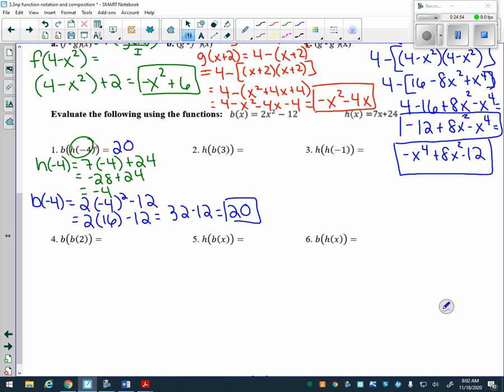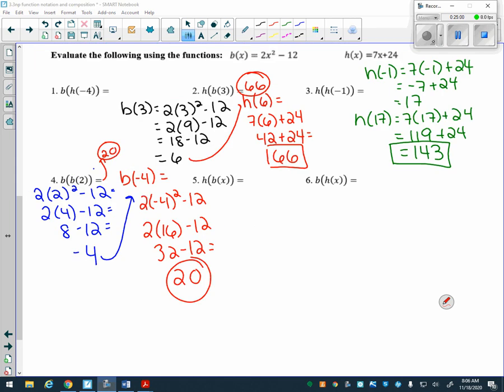Okay, so pause the video and I want you to try 2, 3, and 4. You should have gotten the following answers. For number 2, you first evaluate b of 3, plug in 3 to the b function, and you end up with 6. Then you take 6 and input it to the h function. So then it's h of 6, so 7 times 6 plus 24. You end up with a final answer of 66. Then number 3 is composing h with itself.